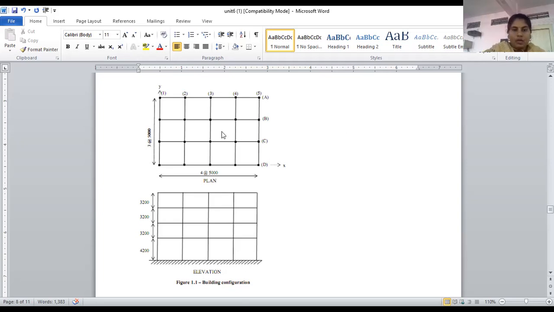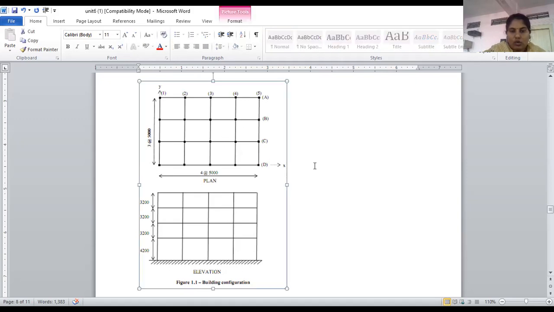Okay. So draw this plan and elevation in your notebook.